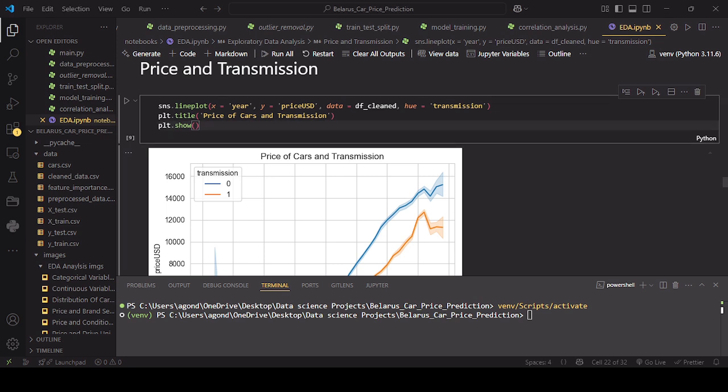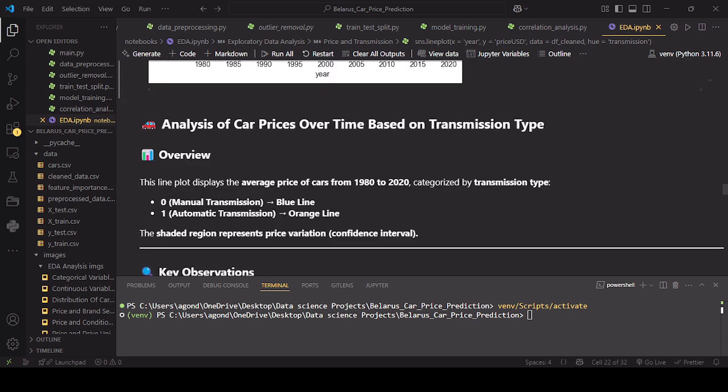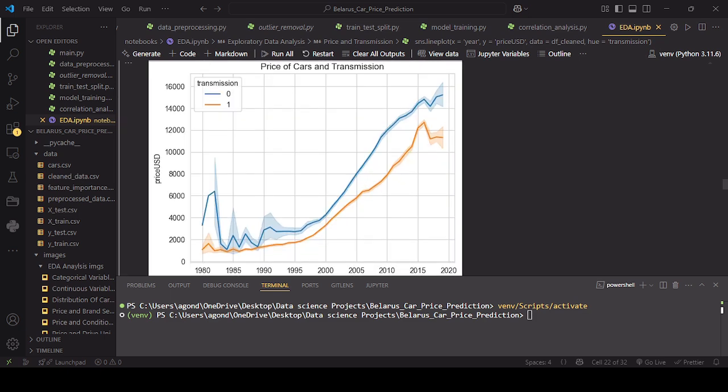Then we have taken the price and transmission part, manual and automated. 0 is the blue line, and orange is the automated part.